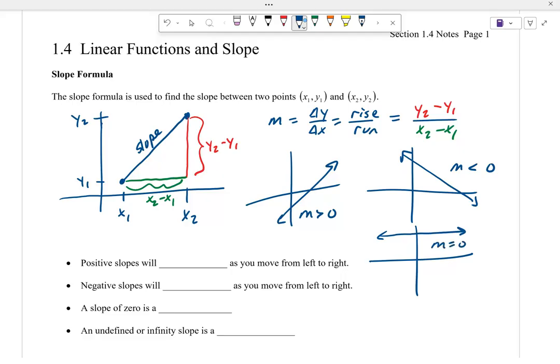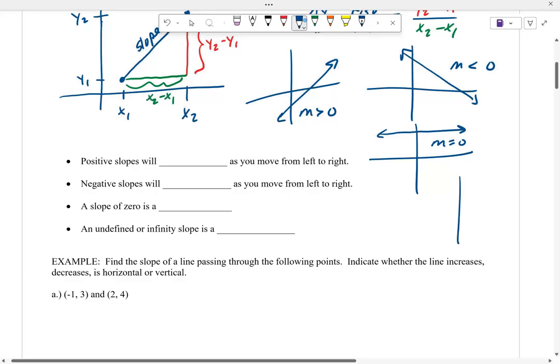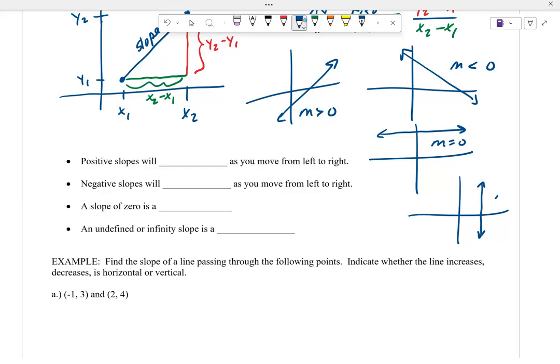Your slope is 0. And finally, if you have a perfectly vertical line, when you do y2 minus y1 over x2 minus x1, the denominator ends up being 0. Well, we can't divide by 0, right? So that means your slope is undefined for a vertical line.